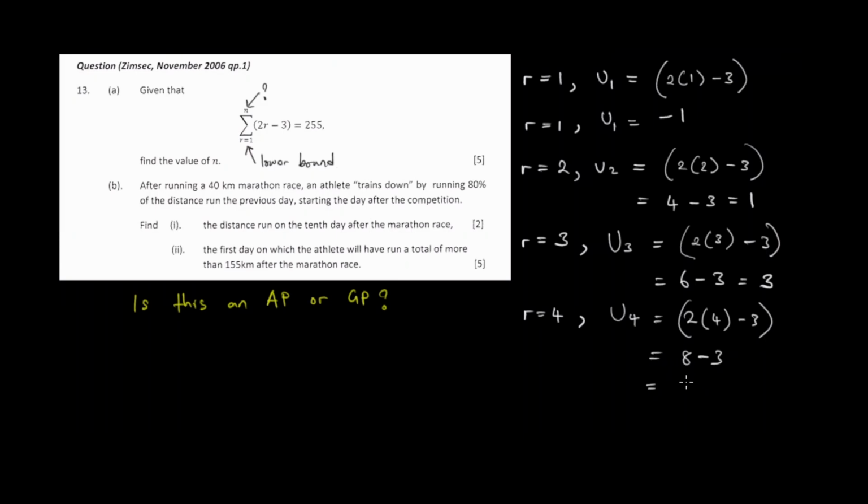And what answer do we get here? 5. Saka taita maworking esaya, taziva kuti the first term ndi minus 1, second term ndi 1, third term ndi 3, and then fourth term ndi 5.